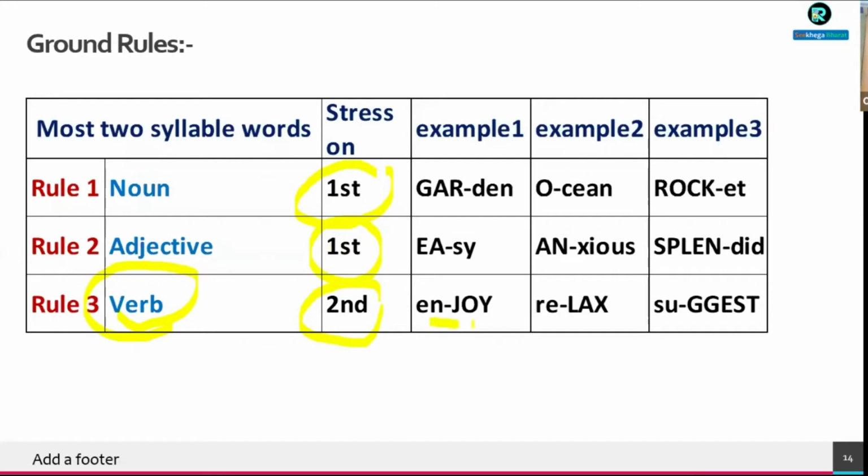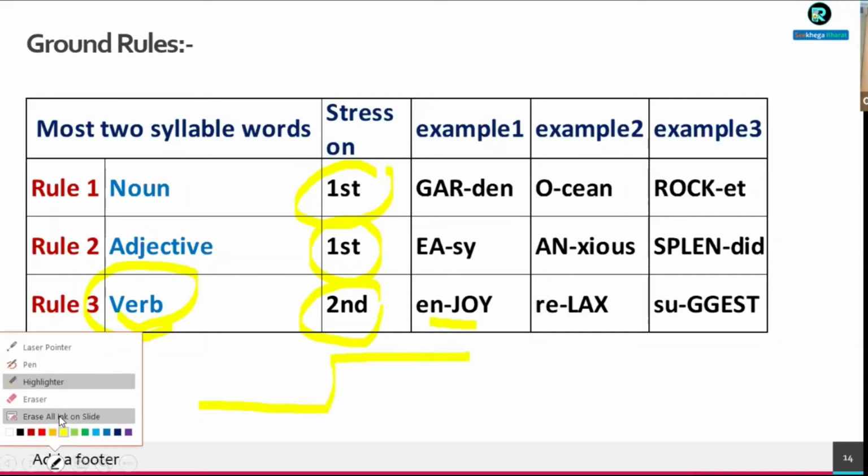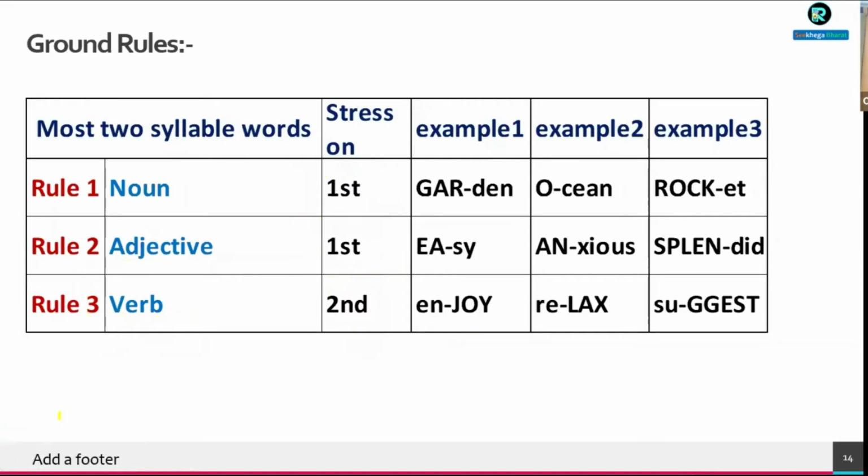We can say enjoy. Relax. So here the verb will follow this pattern, opposite. We don't say enjoy, it's enjoy, right? We don't say relax, we say relax. See the difference? Enjoy, relax, suggest.